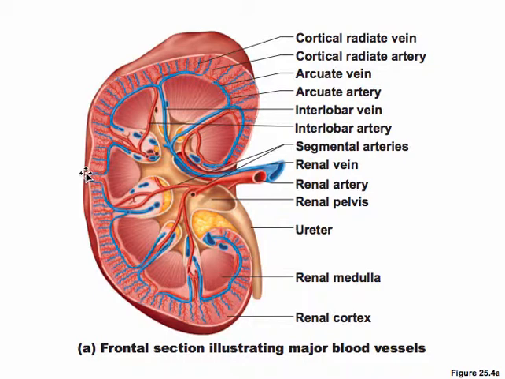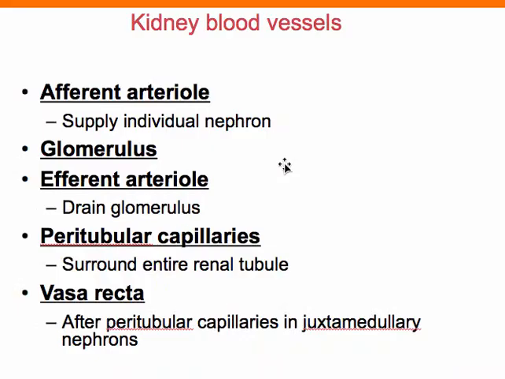The efferent arteriole exits the glomerulus into either the peritubular capillaries or the vasorecta capillaries, and then it comes back through the venous flow same way. In this cortical cortex region, we have the cortical radiate vein, through the arcuate vein, through here we could see is the interlobar vein, and as those merge we come out the renal vein, and then that blood would go into the inferior vena cava and back to the heart.